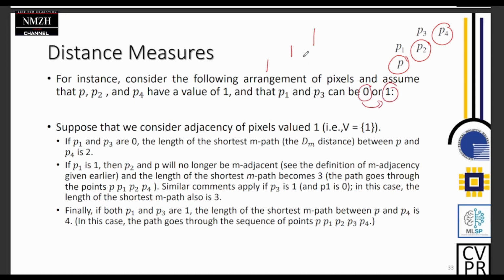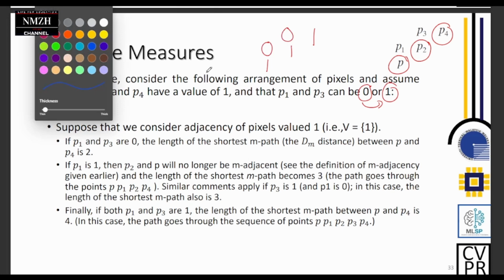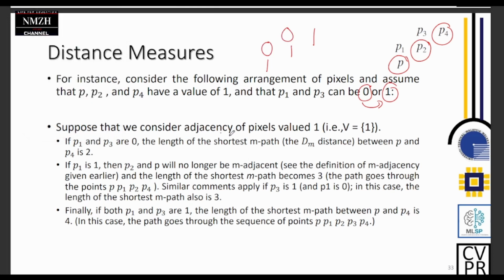So first, we try to put them as 0. I change to blue. Suppose that we consider the adjacency of pixel value 1, meaning we want to take a look at the path of 1s only.